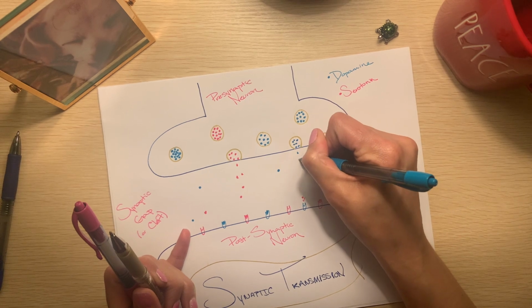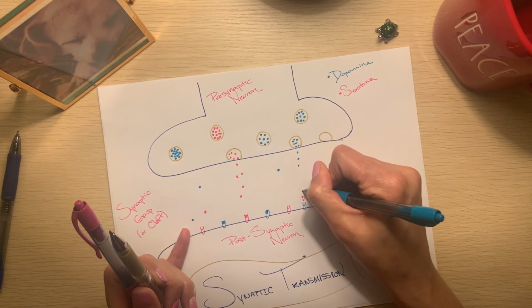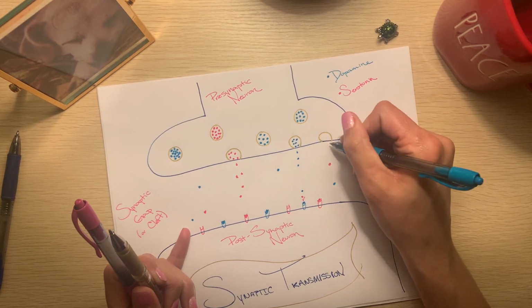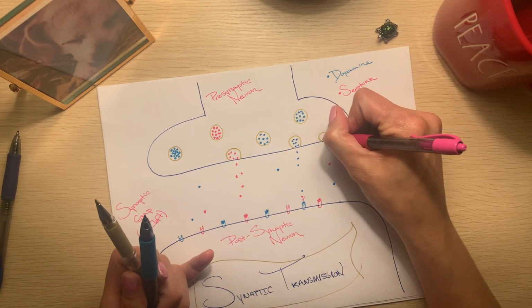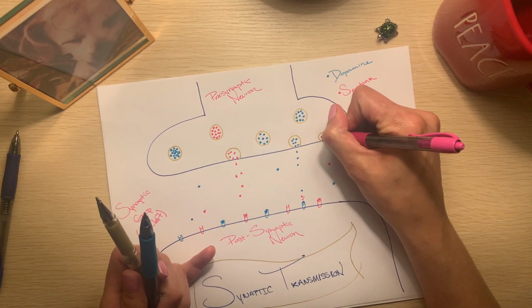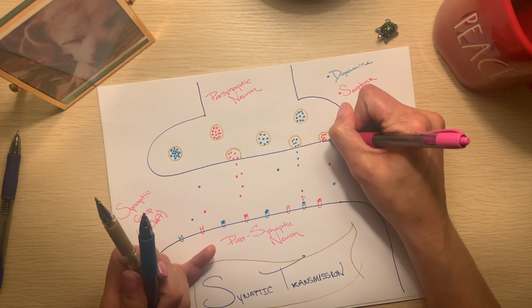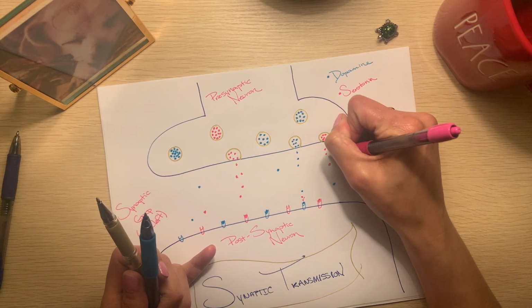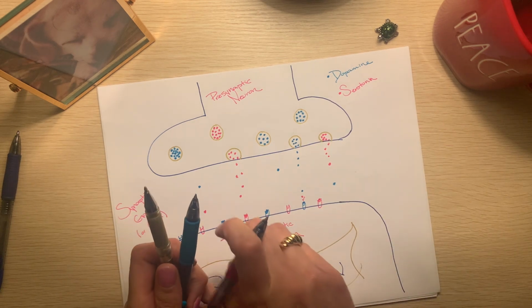Some of them are going to bind to receptor sites on the postsynaptic membrane, and some of them are going to just dissipate in a process called diffusion, and they're just going to go out into the ether.